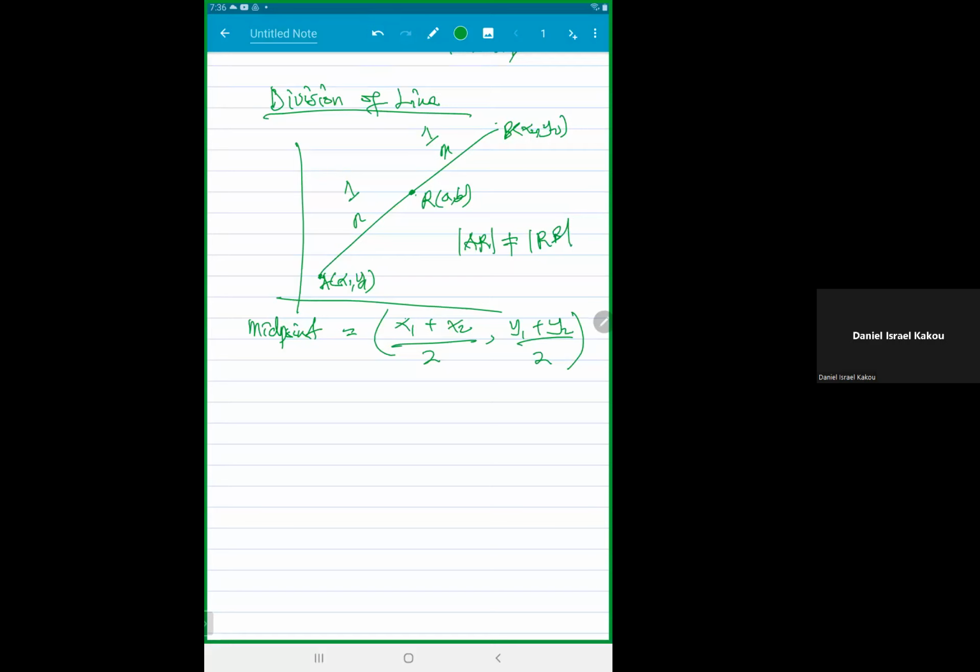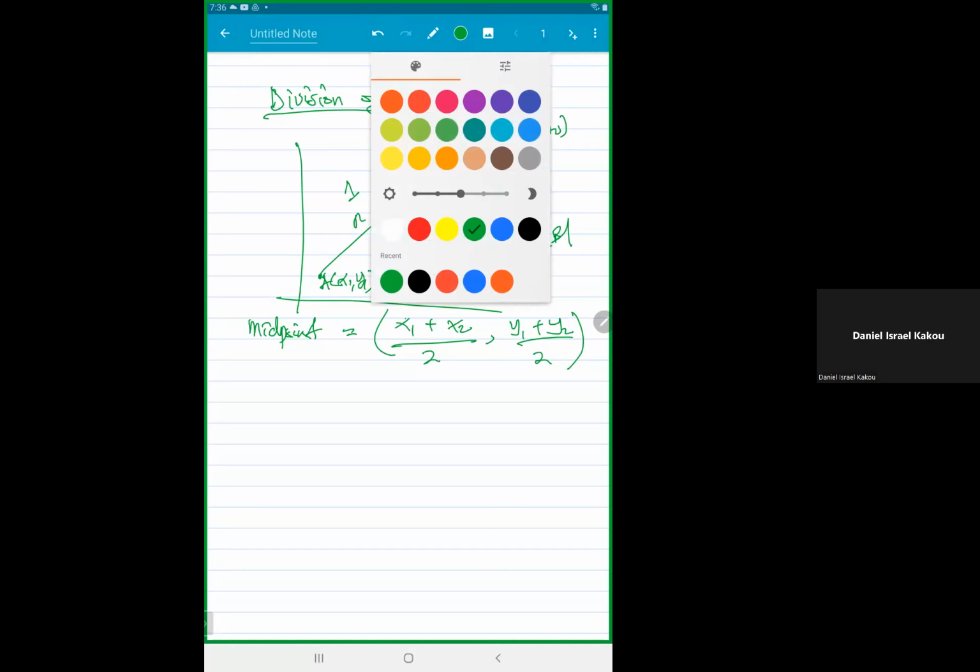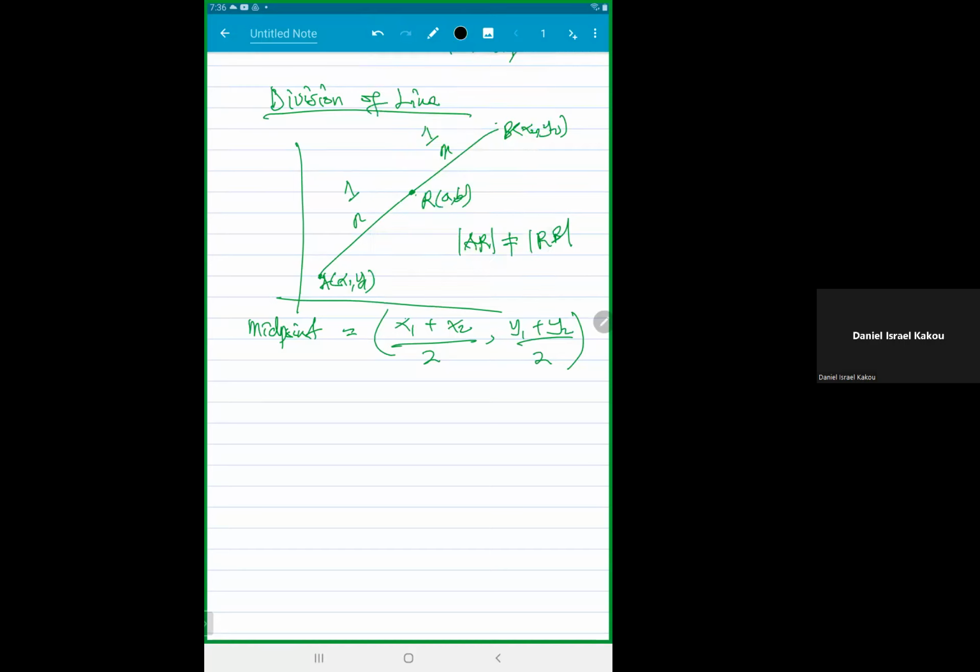And the midpoint formula, take it as a special case of the internal division where they assume m and n to be 1. In that case, normally, that would have meant the first division and the second division. The m is the one I've written here, and the n is the one I've written here.